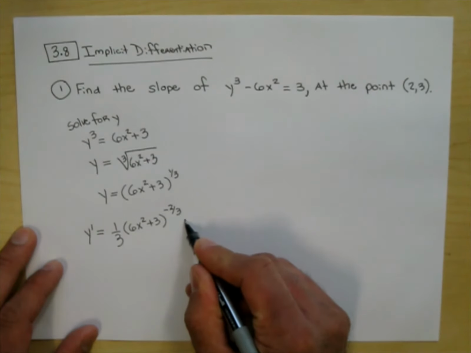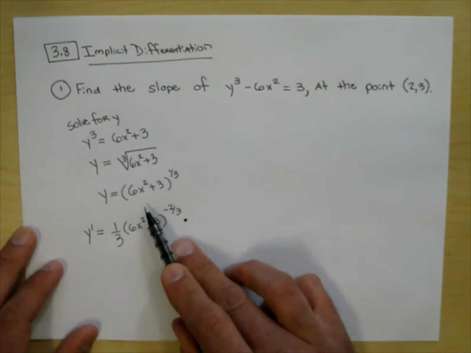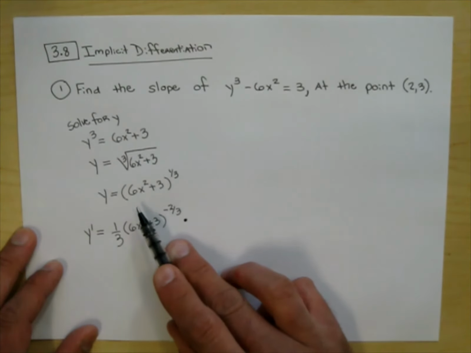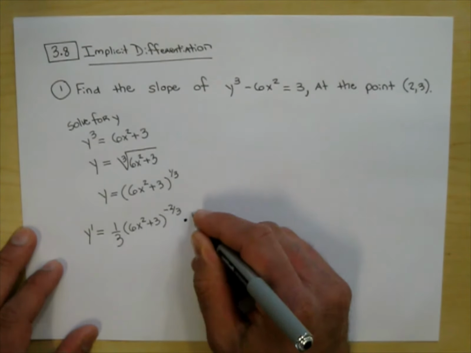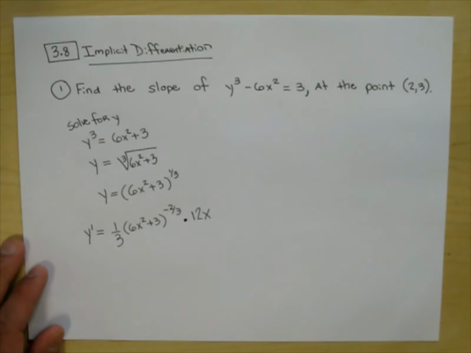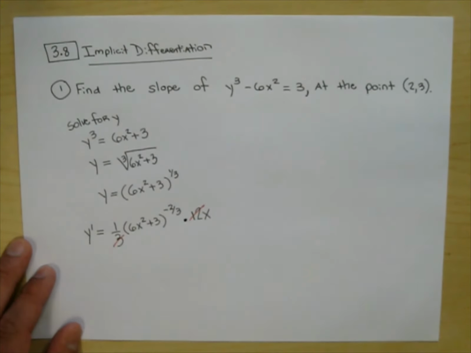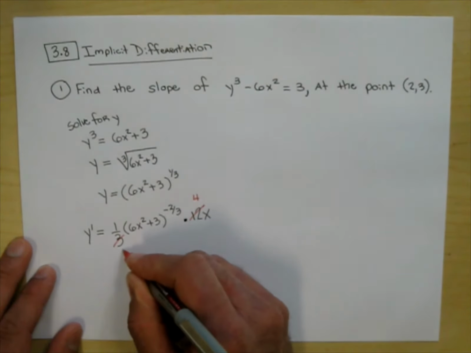And so now we've taken care of the 1/3. We can ignore it now. And the derivative of the inside happens to be 12x plus 0. So this is just 12x. A few things are going to happen to simplify this. The 12 and the 3 reduce to 4/1.